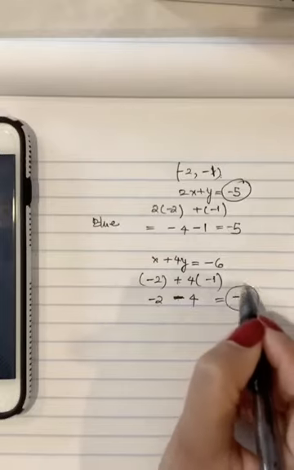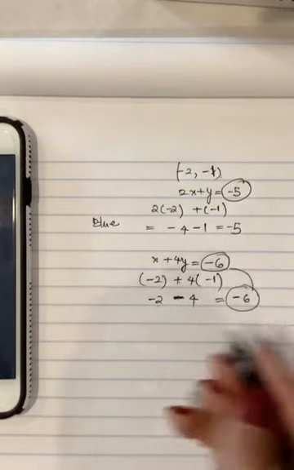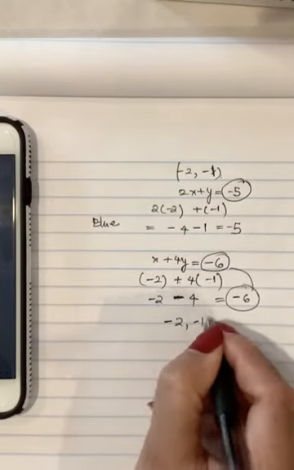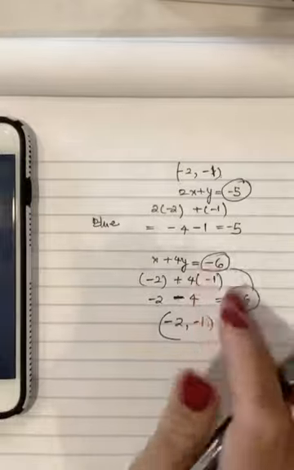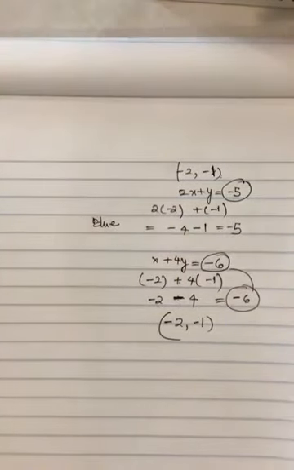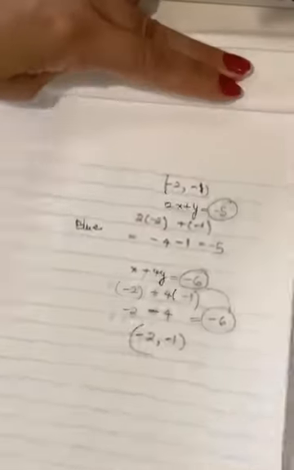And look, -6, -6, we get the answer. So basically the solution to the problem, (-2, -1), satisfies both the equations. So this was our number 2. Time-wise, we're doing okay with the time. Let's go and do number 3.